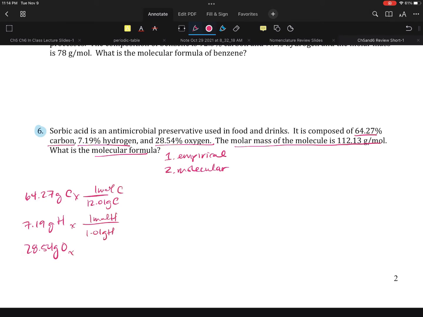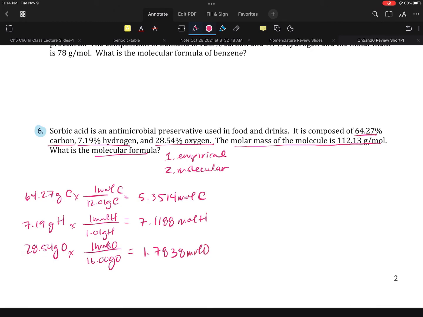We're going to take each of our percents and assume them to be out of 100 grams, so that each of those percents literally becomes grams of each individual element, right? And then we're going to take our molar mass and use that to convert the mass of each element into moles of each element. Then, once we have moles of each element, we will go ahead and do what?